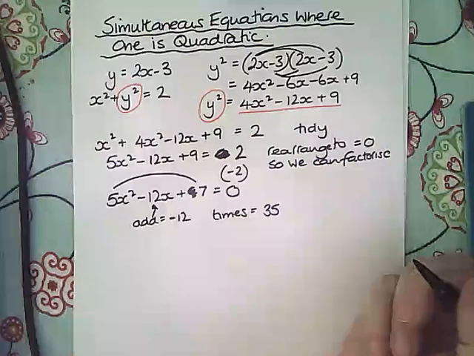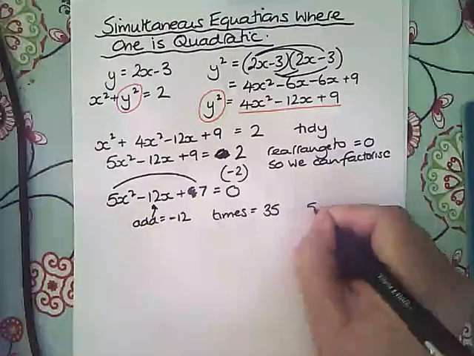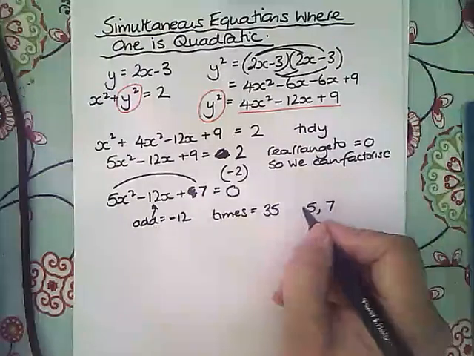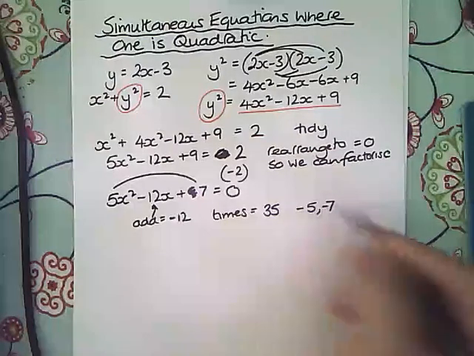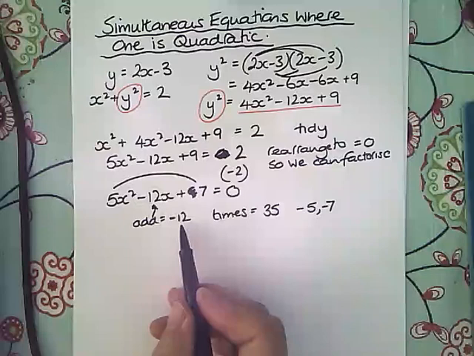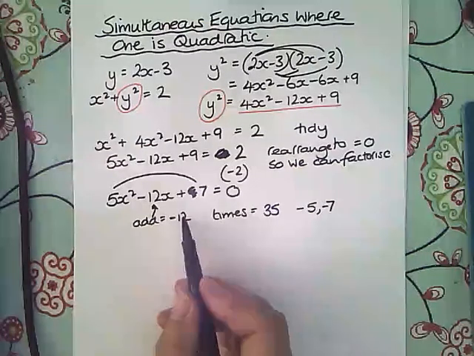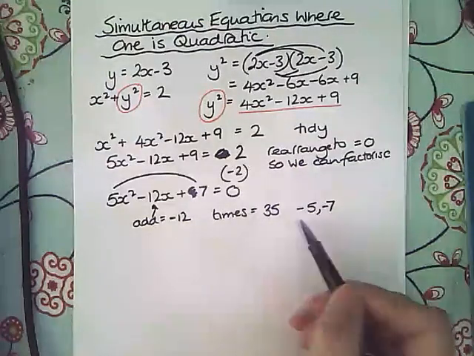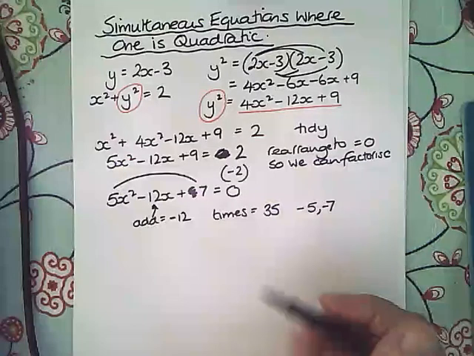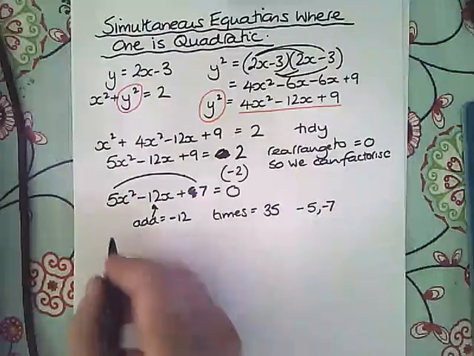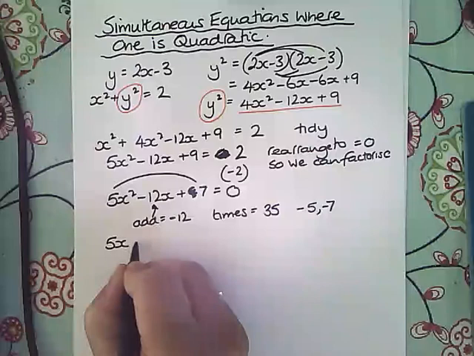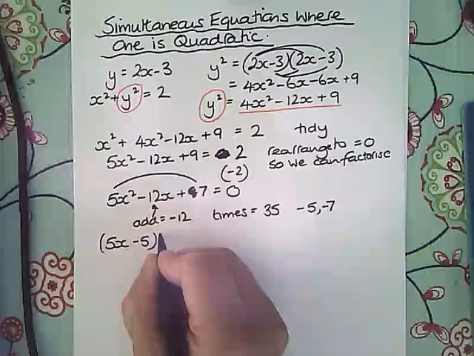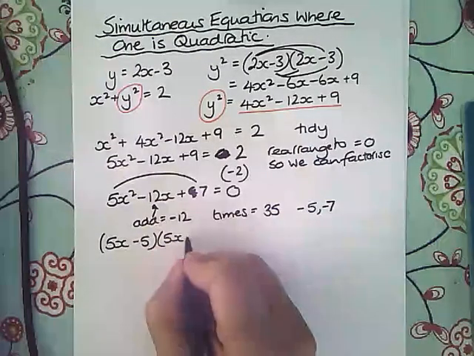Those numbers are 5 and 7. 5 sevens are 35, and if they're both negative, 5 and 7 add to give negative 12, and they also times to give positive 35. So that's how we populate our brackets. So we have 5x minus 5 and 5x minus 7.